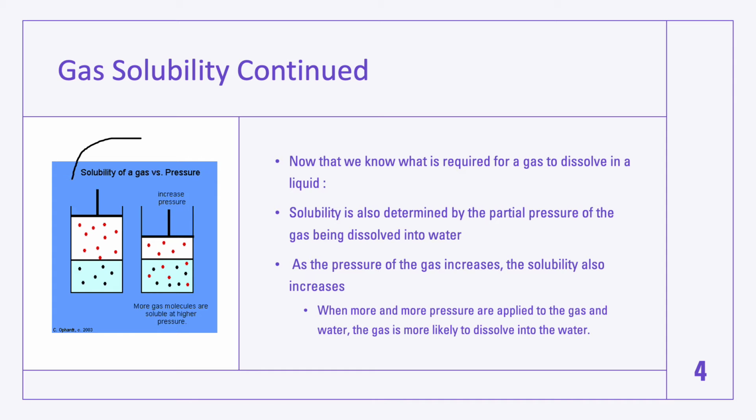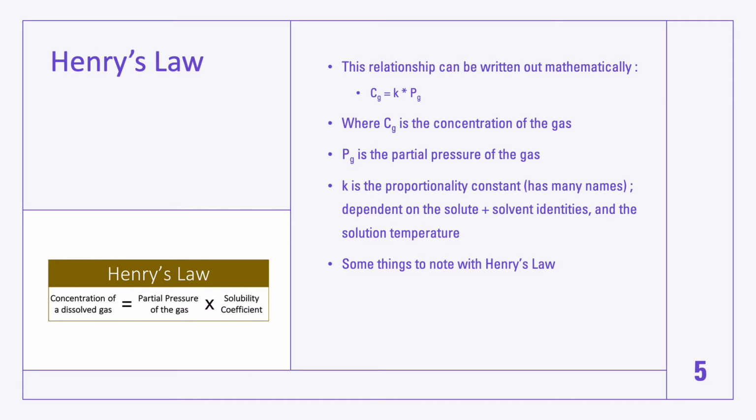We can see this in the picture on the left right here. As pressure is increased, more gas molecules are soluble at a higher pressure. And so this relationship between the pressure and the solubility of the gas can be written out mathematically in Henry's law. What we can see here is that Cg equals K times Pg.